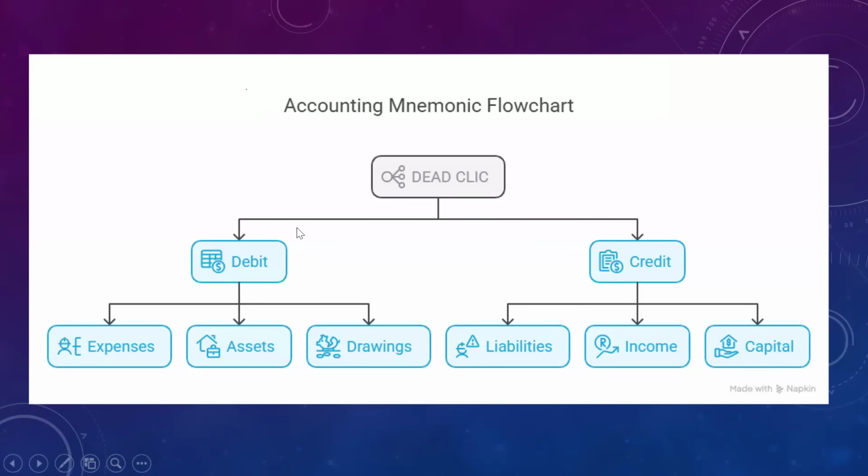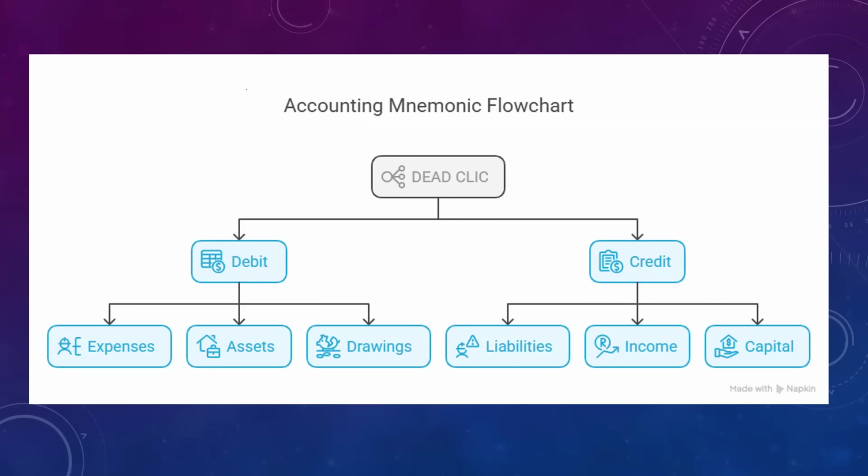You have this one, DEAD CLIC. On the debit side, you have your expenses, assets when they increase, and your drawings, DEAD. And CLIC on the credit side, you have liabilities when they increase, your income, and capital. That's one way to remember when to debit or when to credit, right?